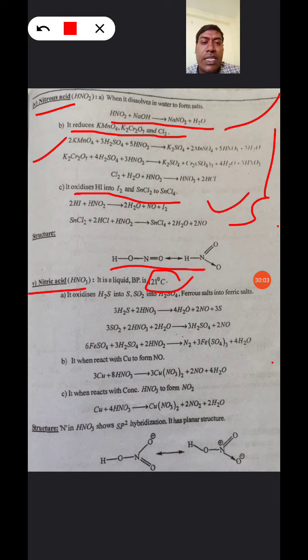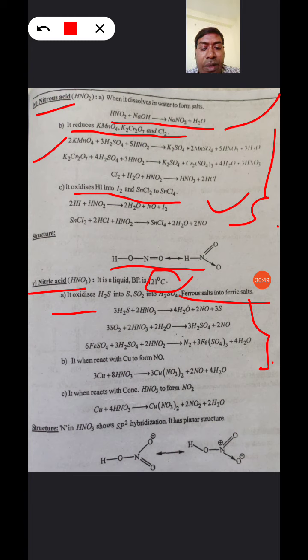It oxidizes H2S, hydrogen sulfide, into sulfur dioxide and then H2SO4, and ferrous salts into ferric salts. So these are the reactions.